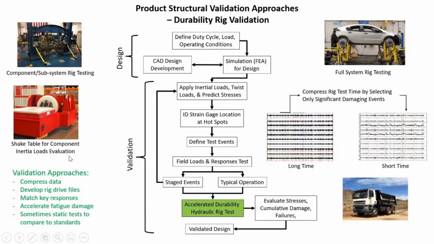And an example of this could be an electronic box somewhere on an engine or in a vehicle, and it is subjected to certain G loadings through the typical operation of the vehicle. And so then those G loadings can be applied to a shake table, essentially doing an inertial test of that particular component.